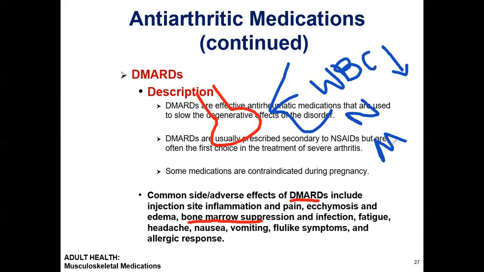They play an important role to kill the bacteria. When WBC goes down, neutrophils go down, monocytes go down, bacteria attack our body and infection occurs. So infection is more common. When infection occurs, temperature is raised. So the patient develops flu-like symptoms. So it is actually related to each other.